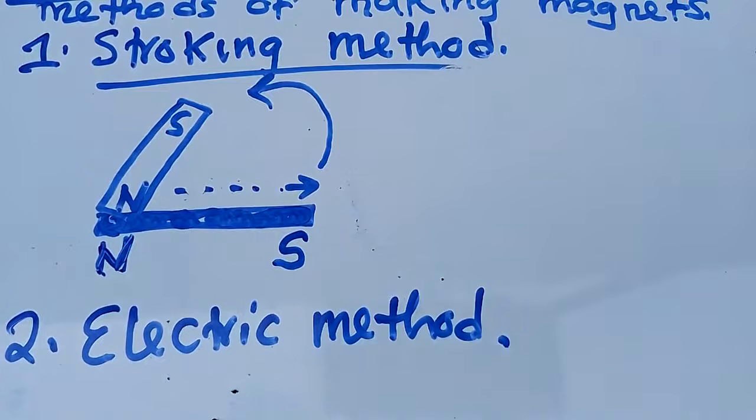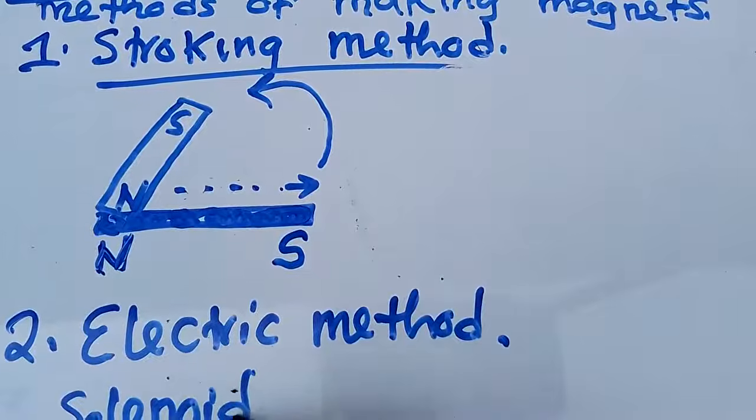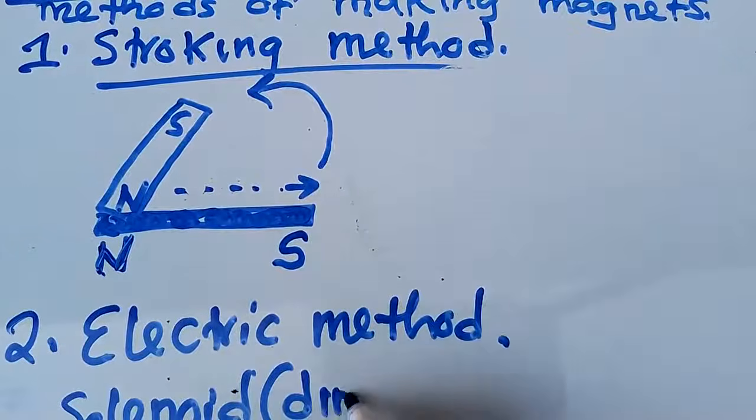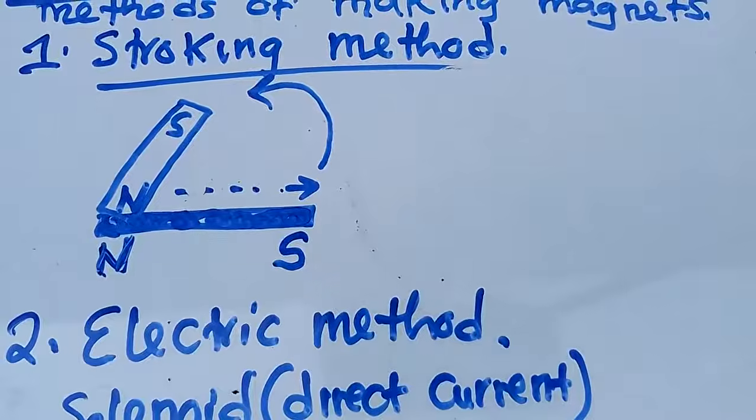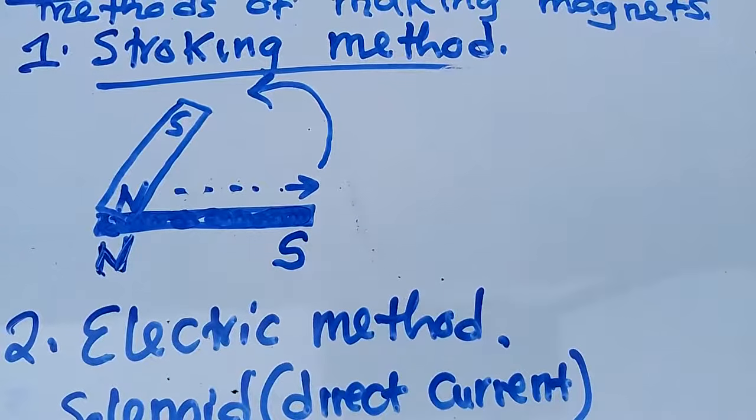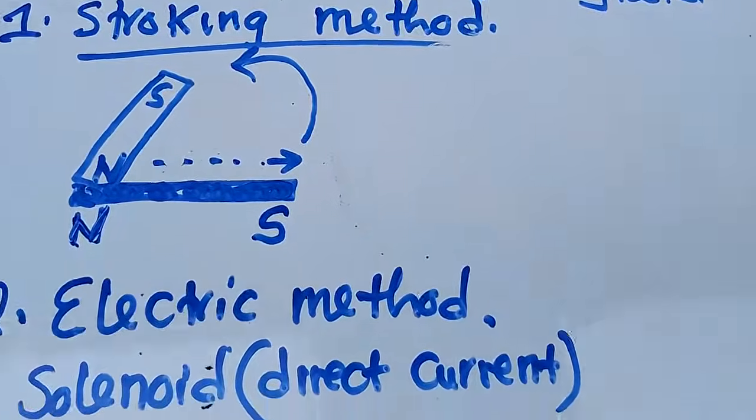If a hard magnetic material is pressed into a solenoid, with direct current, like this, the hard magnetic material is magnetized and it is changed into a permanent magnet. It becomes a permanent magnet.